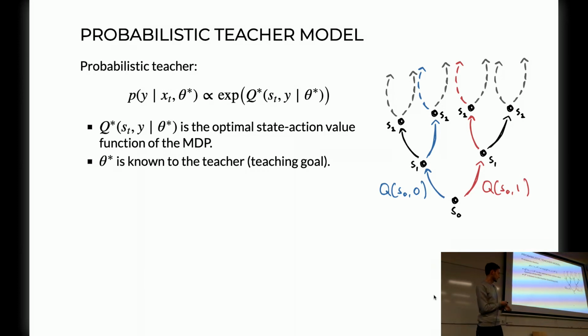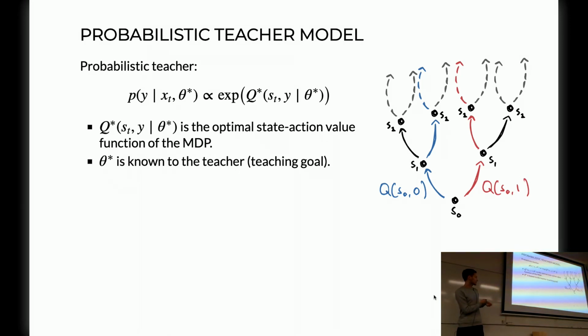Which means basically if we are at this state, then we can choose to answer 1 or 0, and the idea is that after answering, for example, 0, the Q function tells the value of following the optimal policy after the first action. And now we assume that the teacher will choose answers proportional to the exponential of that Q value. Does that make sense? Hopefully.